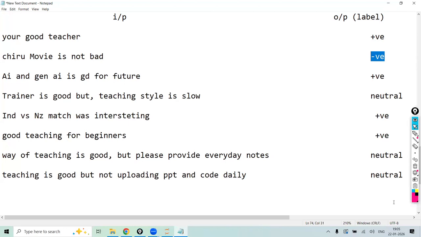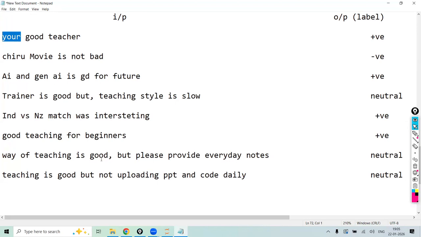Now in these sentences, this is the past data. In this past data, these are the words. Which words, for example, your? In the entire data, how many times was your repeated?